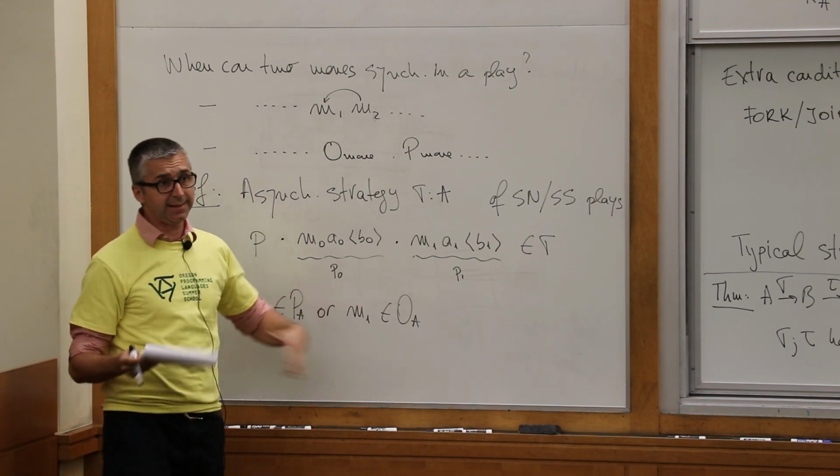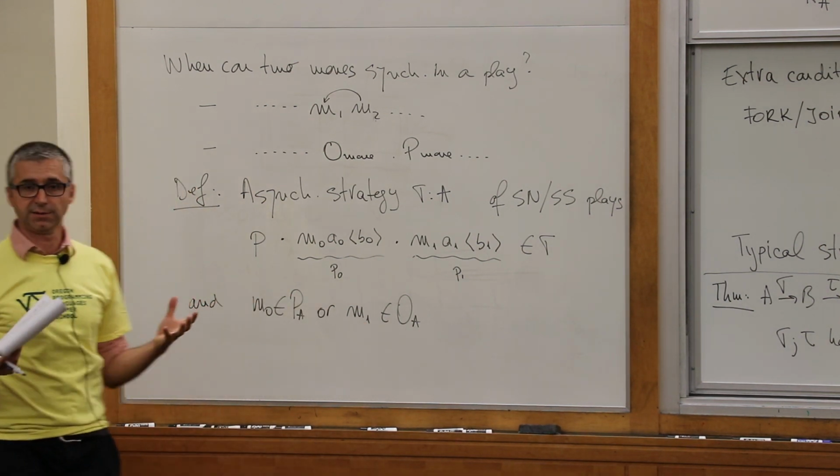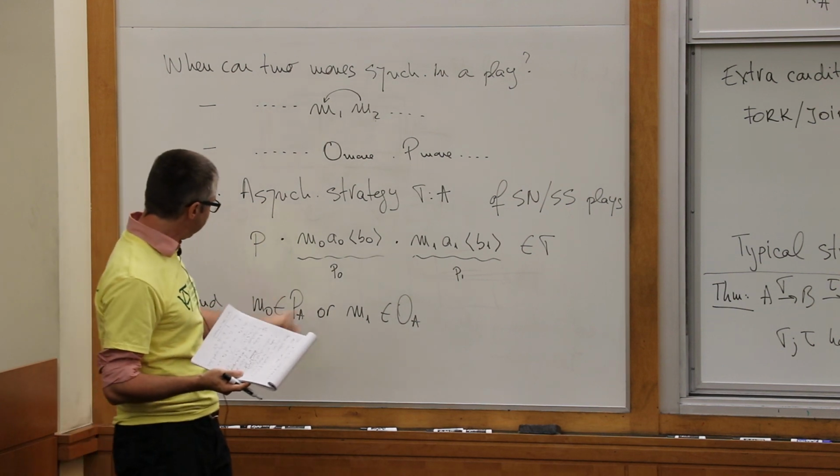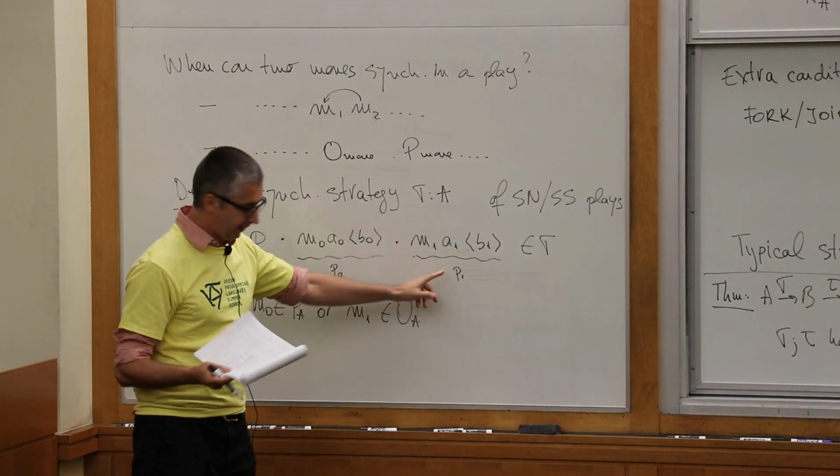If this or this is the case, then we're in a situation in which we cannot synchronize, because we can only synchronize if this is an O and this is a P.